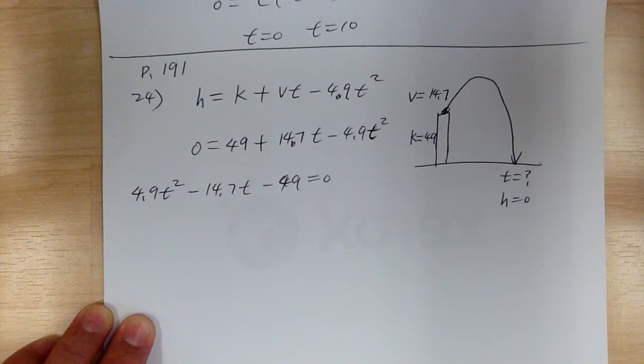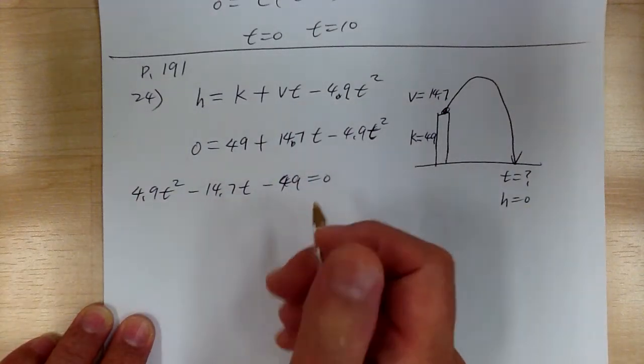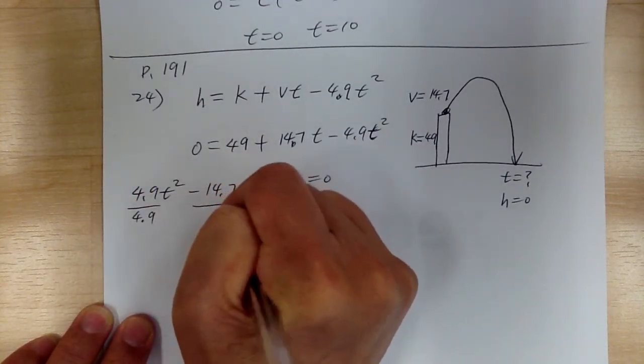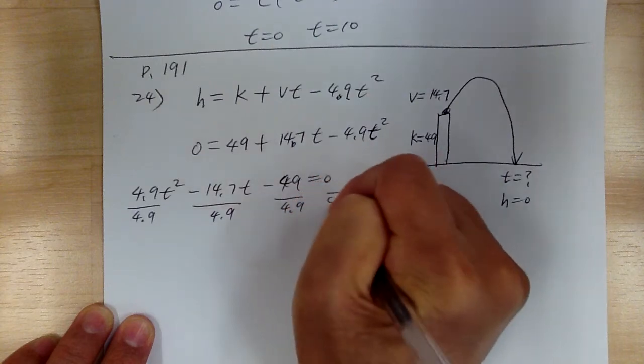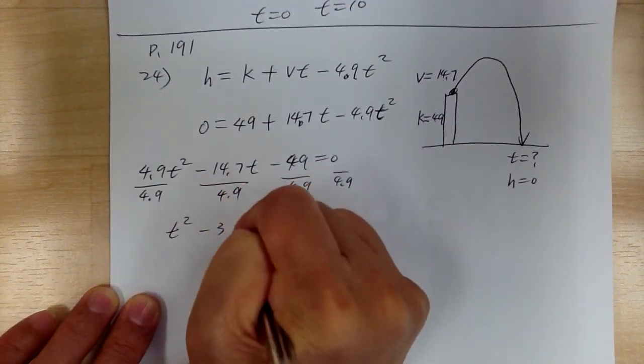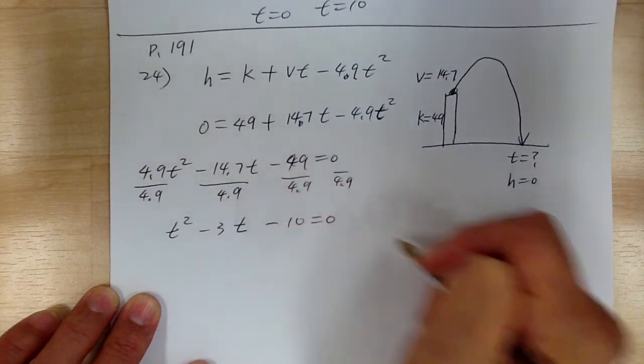Then, since this is an equation, I can divide to get rid of the decimal. So I'm going to divide by 4.9 on every term. So I get t squared minus 3t minus 10 equal to 0.